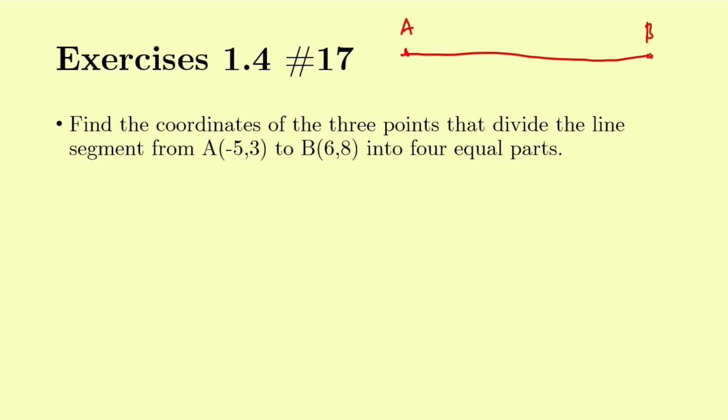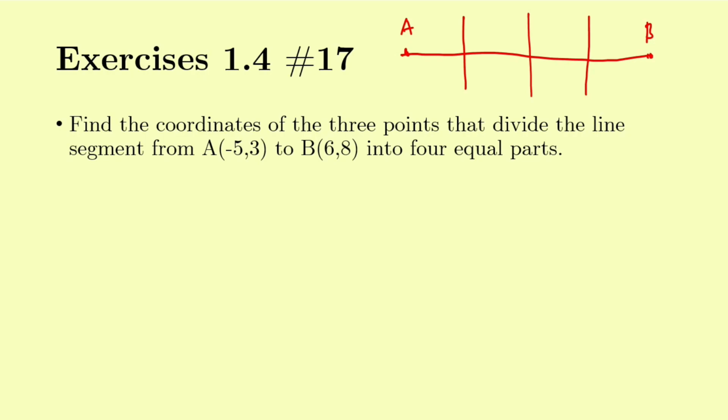So if we're going to divide something by 4, what do we do? Of course, first you divide it in two, and then you divide each half in half so that it becomes 4 parts. And how do we do that with points or segments given 2 endpoints? We use the midpoint formula.